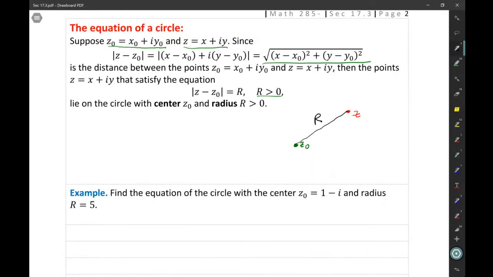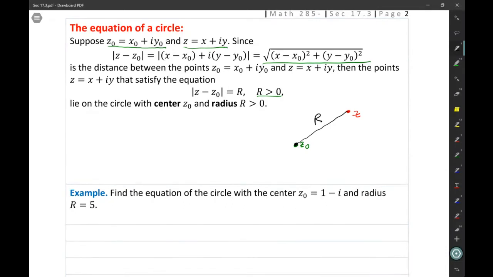All right. Now if we make z naught the center of a circle, then z lies on the circle with center z naught and radius r.